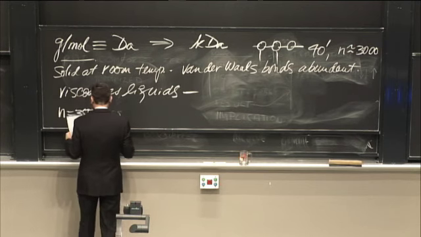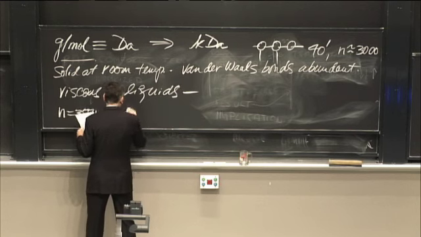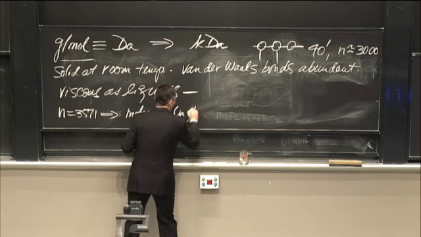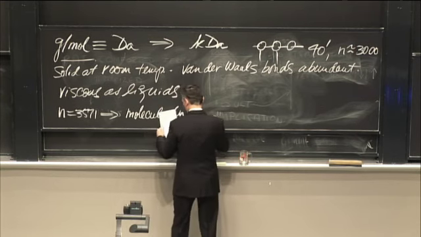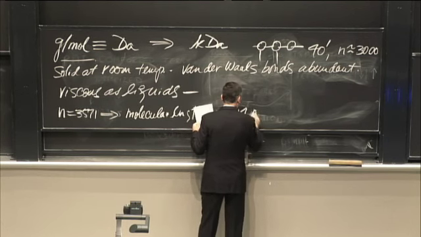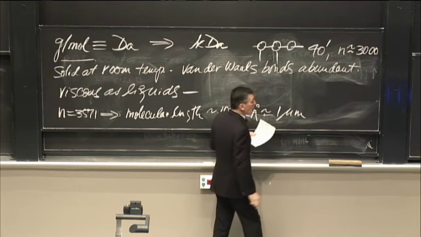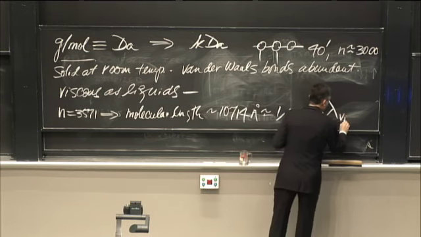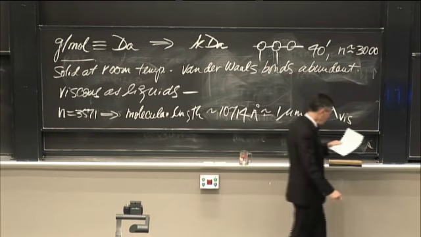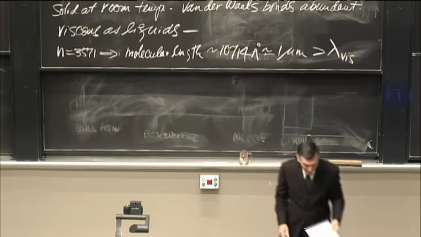That means you'd end up with a molecular length on the order of 10,714 angstroms, which is on the order of 1 micrometer, which then makes it greater than the wavelength of visible light. So this is really a different type of matter. And we can go there.